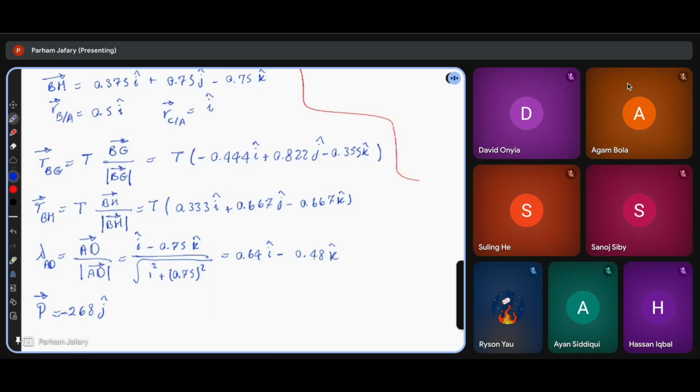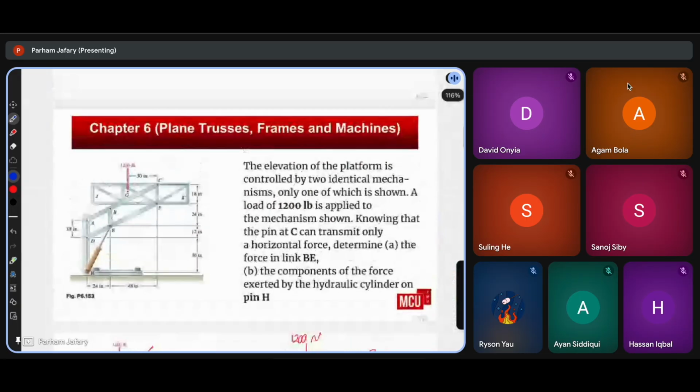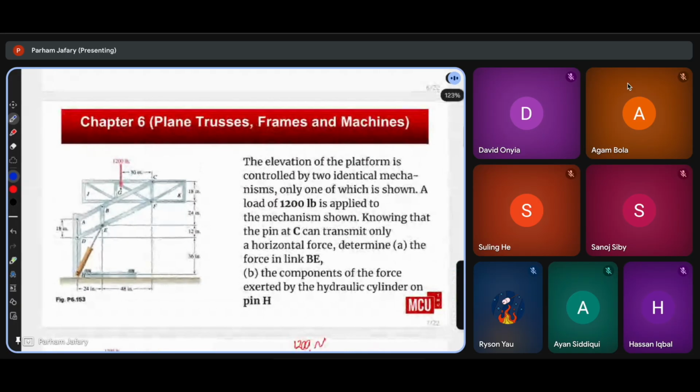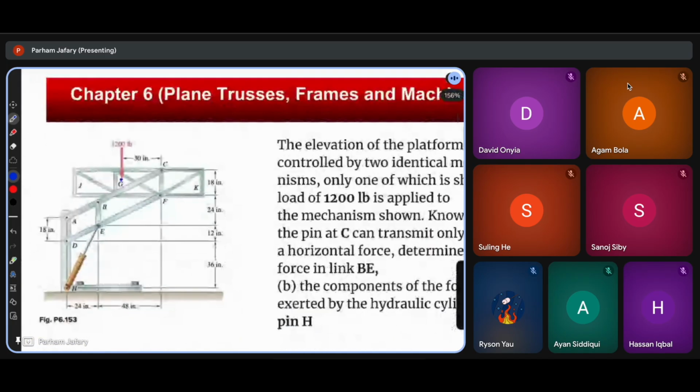No more questions? Okay. Let's move on to the next question. The next question is a truss. The tricky part about this one is that the force is being exerted somewhere in the space.